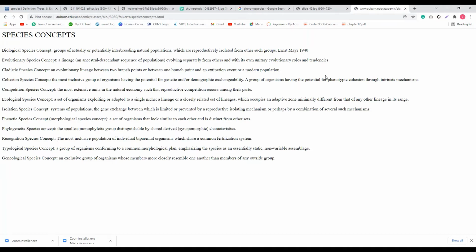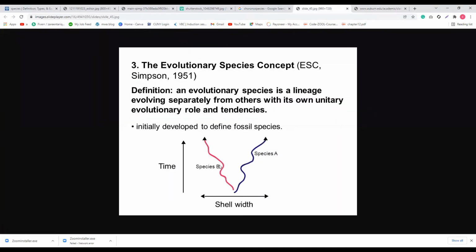Same ancestral-descendant sequence of a population evolving separately from other lineages, with its own unitary evolutionary role and tendencies. I hope this is very easy. You can understand that species B has its own lineage, evolving with its own tendencies, and species A has its own tendencies. So these are the lineages.